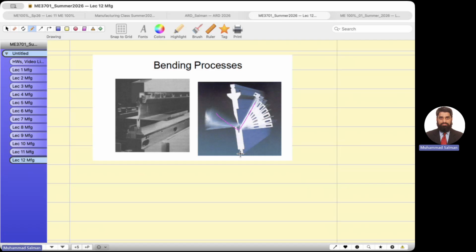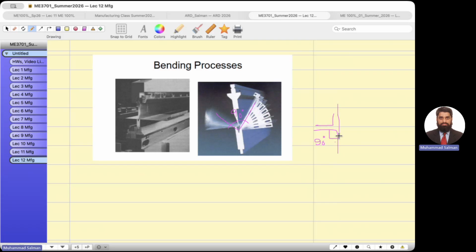So today we will do one numerical problem. How much bending force is required to make an angle of 90 degrees? If you want to have a 90-degree bend in the sheet metal, how are you going to produce this?